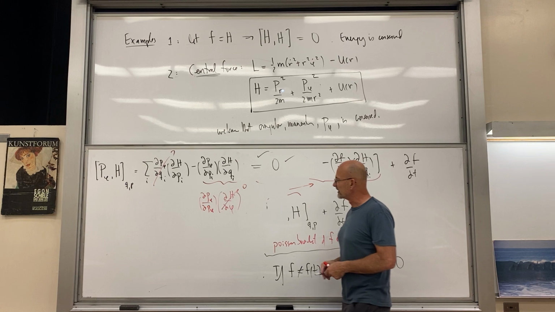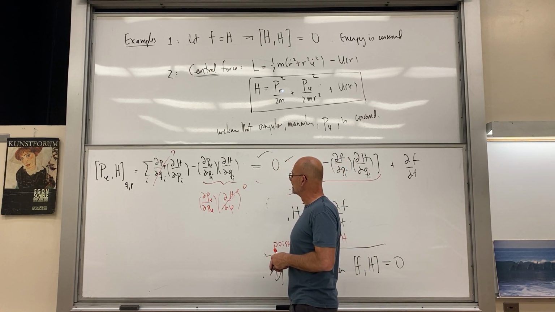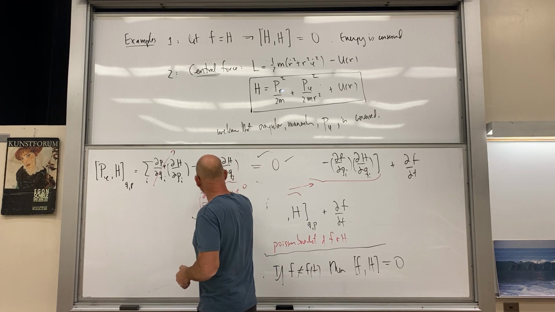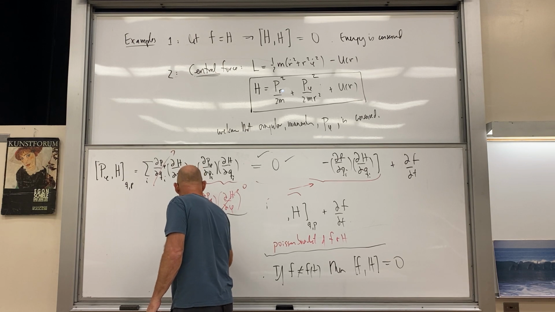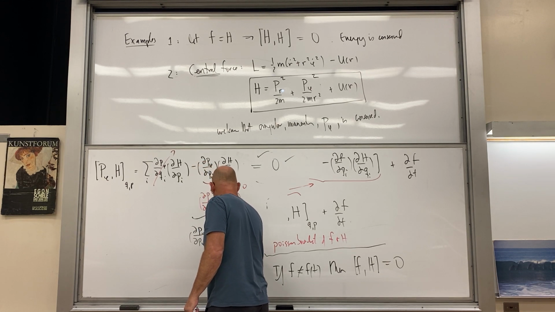Okay. But this is how you could expand the whole thing out. Maybe I should even expand this out a little more. What we had here was ∂p_phi/∂p_phi times ∂H/∂phi.